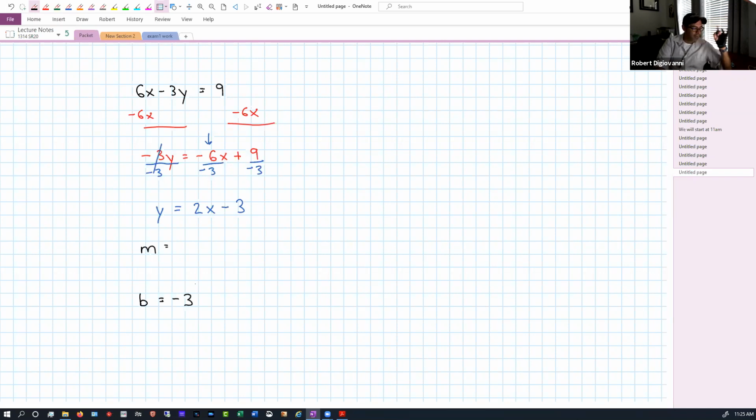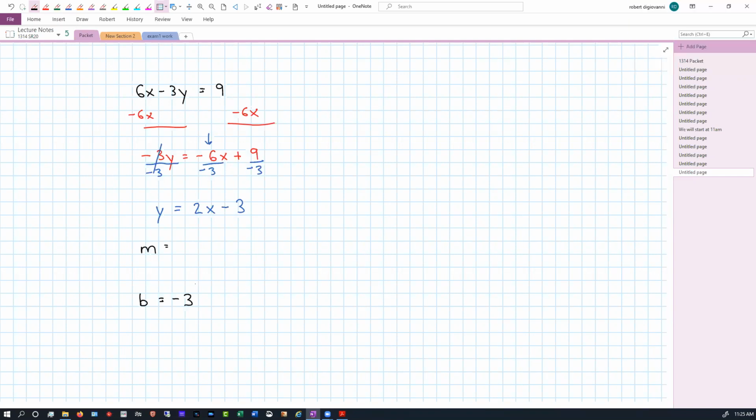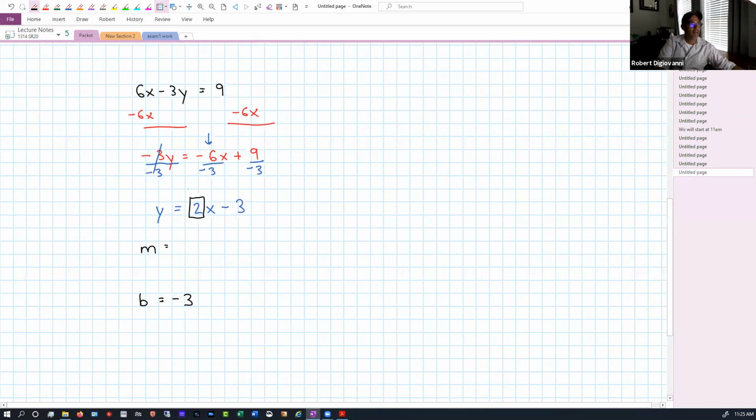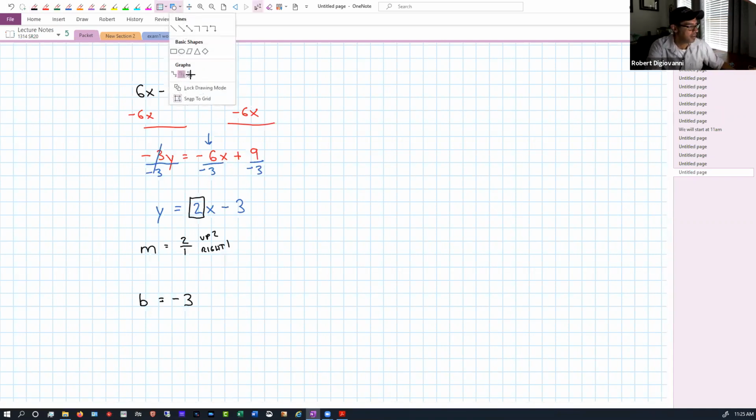This one's a little bit tricky. 2 over 1. Yes, you have to rewrite this 2 as a fraction. We can always write a number as itself over 1, and that would be a fraction. So that tells us that we're going to go up 2 and to the right 1. And I think we're ready to draw. Any questions while I'm setting this up here?